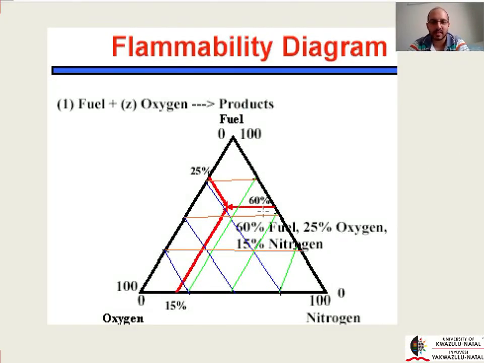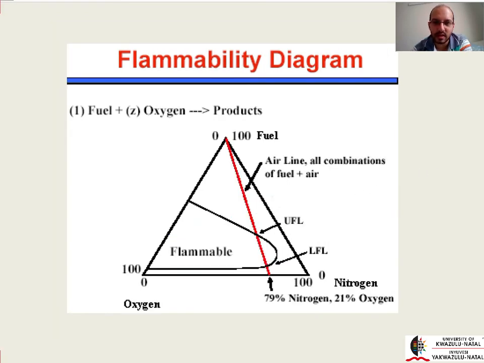Okay, so this is how you read the triangle. It is of course best if I could actually draw the triangle and show it to you by hand, but unfortunately that's not the case for now, so we're going to have to make do with the slides. But this is your flammability diagram, and this is how you read it, so I've gone through that before.